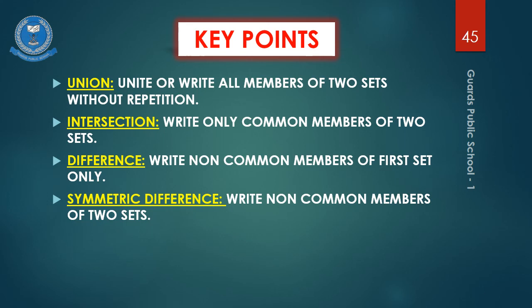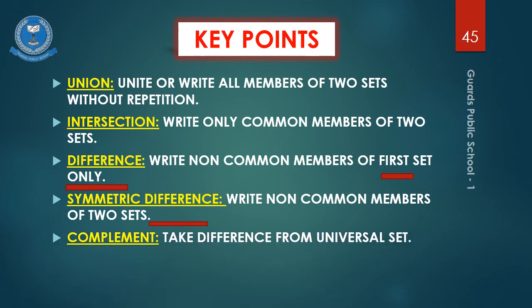In difference, non-common members of the first set only; and in symmetric difference, non-common members of two sets are required. And for complement, take the difference from the universal set, which means write down the non-common members of the universal set in the answer of complement.